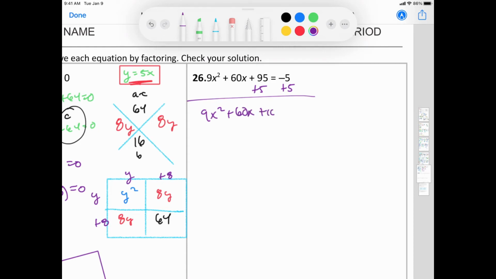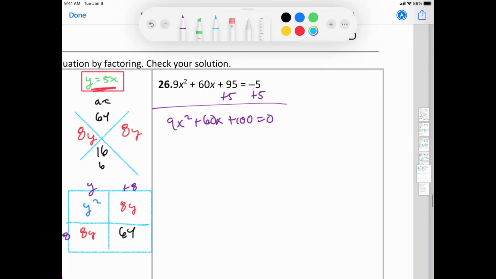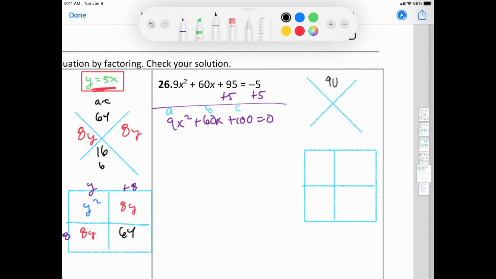Let me show you how it is possible to do this without the chunking method. Whoa, Mr. Ing, whoa. Okay, A, B, C. A times C is 900. My B value is 60.